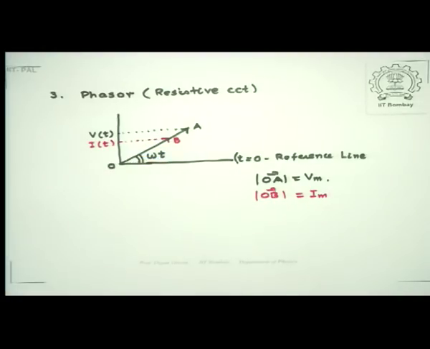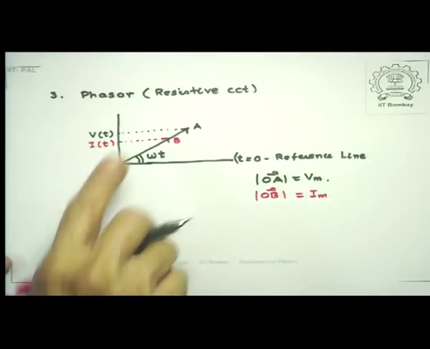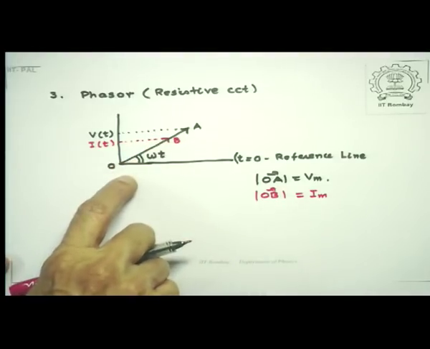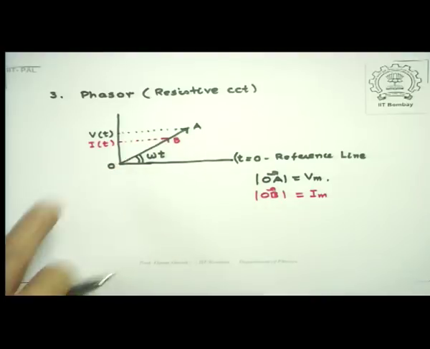You notice here that the voltage and the current are in phase, and therefore the direction of the phasors are identical.